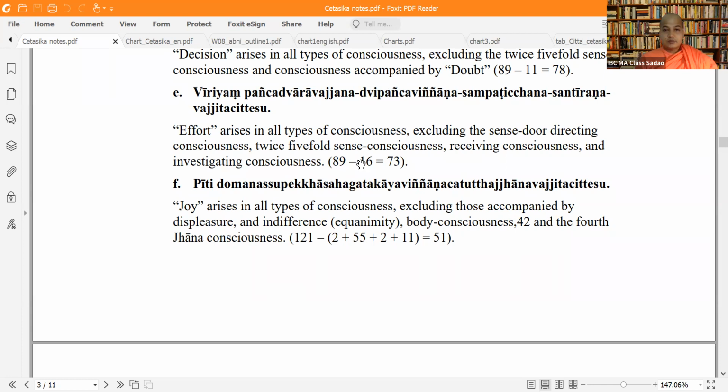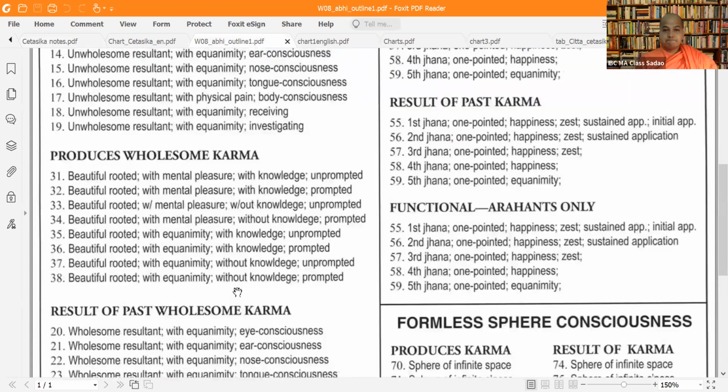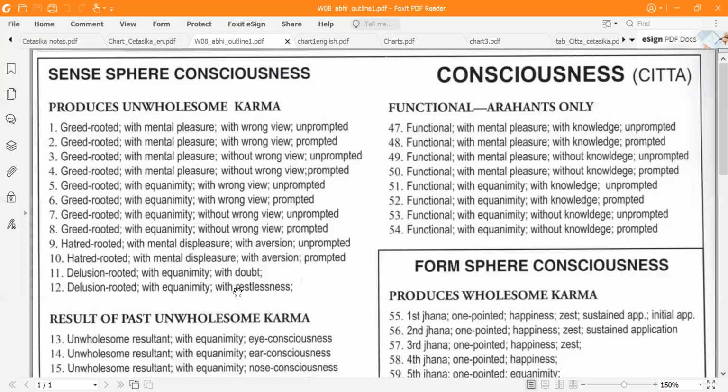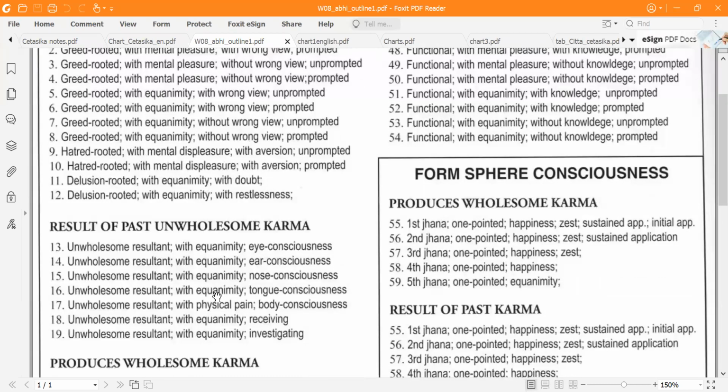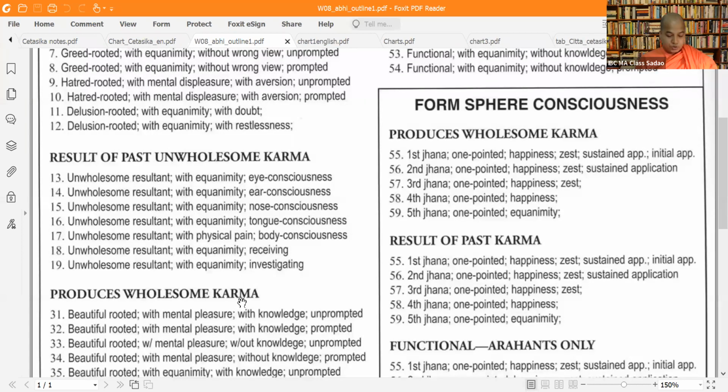What is this body consciousness? Yeah. So I think body consciousness here refers to this unwholesome resultant in physical pain, body consciousness.